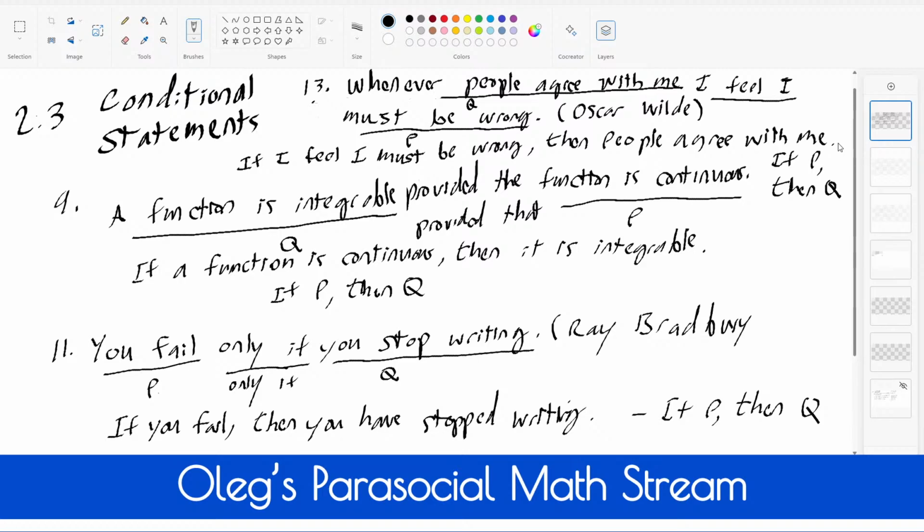They must have gone with, I said, whenever. Oh, that's what it is. That's why I screwed up. Whenever people agree with me. So it should be Q whenever P, not whenever Q then P. That alignment's important.